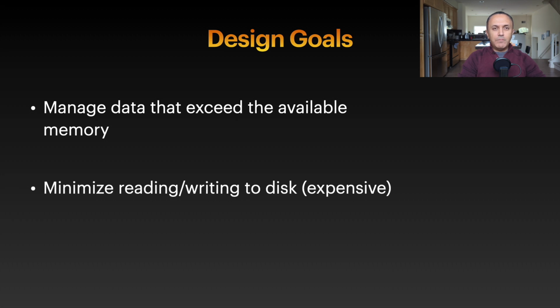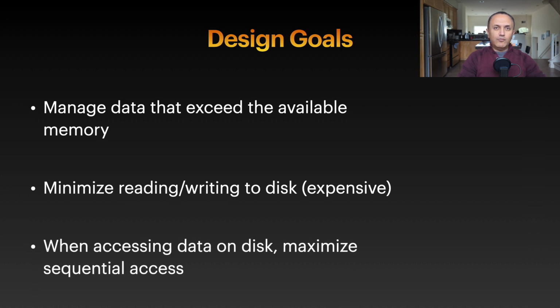We have to minimize reading and writing from disk, so any disk I/O, because it's expensive, because it's super slow compared to memory, so we need to minimize that as much as possible. That said, we will have to read stuff from disk. So whenever we have to do that, we'll try to maximize the sequential access, sequential reading or sequential writing, because these kinds of devices are optimized for this kind of access.